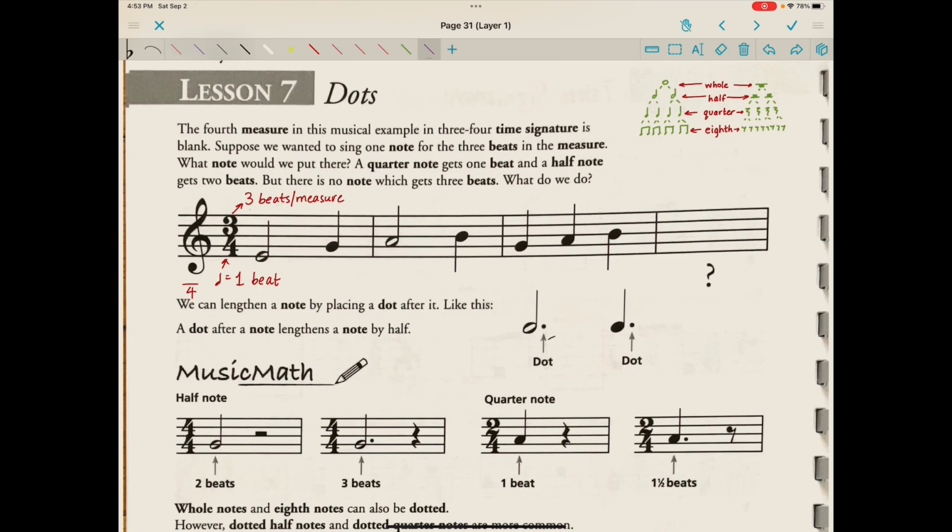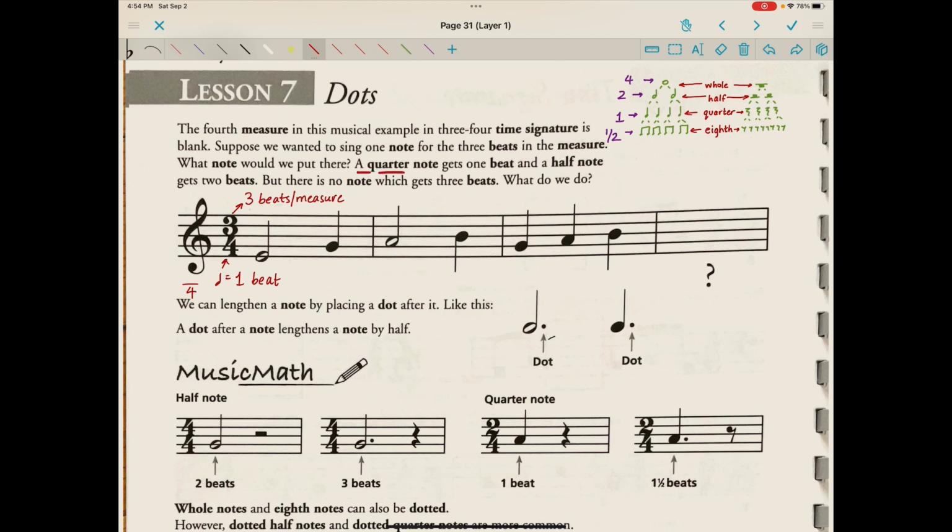So inserting our note and rest value pyramids here, we can see that if we assign 1 beat to each quarter note and quarter rest, we'll have 2 beats assigned to each half note and half rest, 4 beats to each whole note and whole rest, and just a half beat to an 8th note or 8th rest. So let's return to where we are reading.